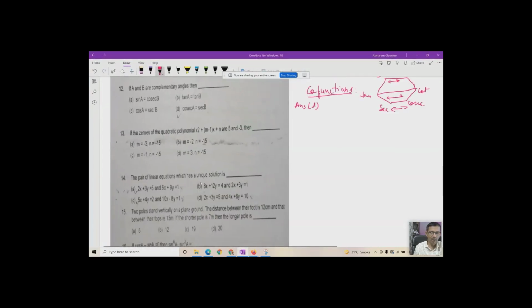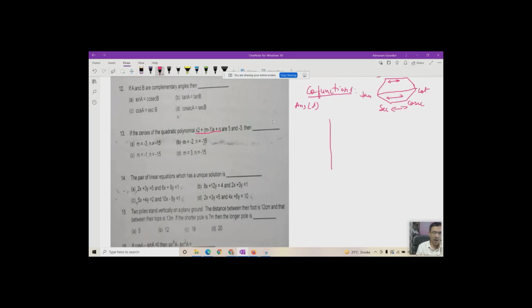So let me solve this for you. This is the polynomial. You have to put x equal to 5 and equate this polynomial to 0, and then put x equal to minus 3 and equate this polynomial to 0.